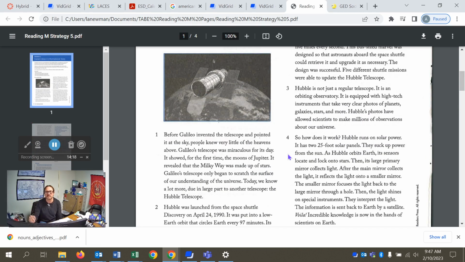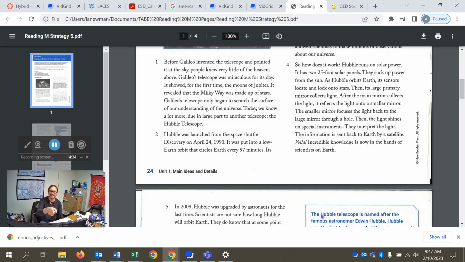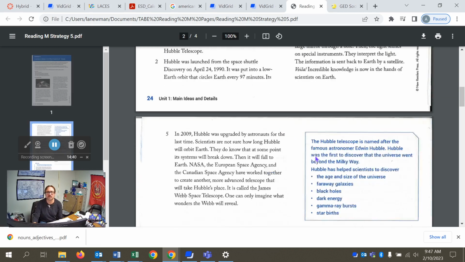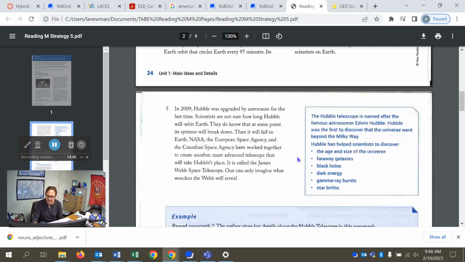The tone is showing that the author is portraying this as an important advancement in astronomy and in space technology. I see this word "voila," it communicates excitement. That's a word from French that means kind of like, "there it is." It's awesome, isn't it? So certainly some enthusiasm and admiration for the telescope and the people that designed and launched it comes through in this passage pretty clearly.